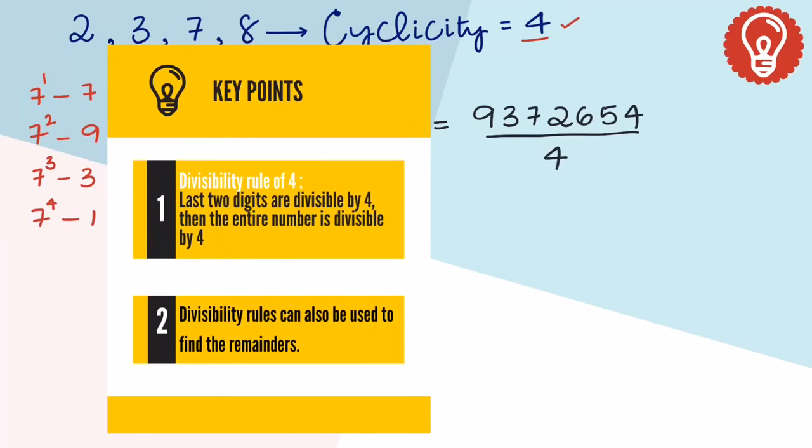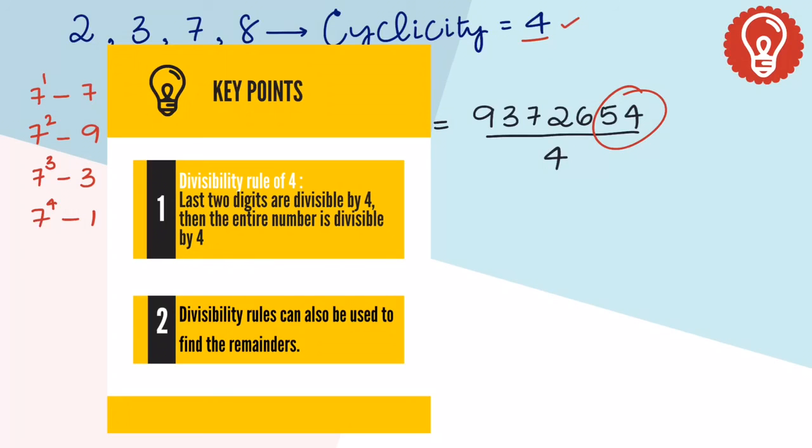But hold on. If I have to divide the entire number by 4 and find the remainder, that's time consuming. That's exactly when we can use the divisibility rule of 4 to find the remainder faster. So, if the last two digits are divisible, then the entire number is divisible by 4.